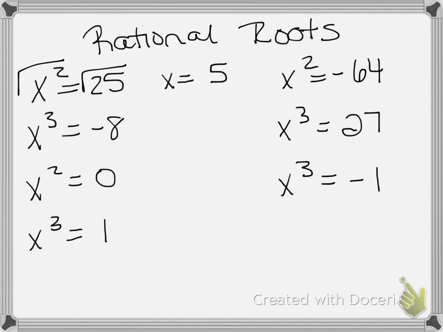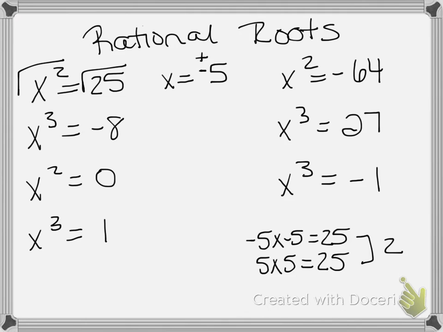However, 5 is not the only thing that I can square to get 25. I can also square negative 5. So I can do the positive or the negative, because 5 times 5 equals 25, and negative 5 times negative 5 also equals 25. So I have two rational solutions.